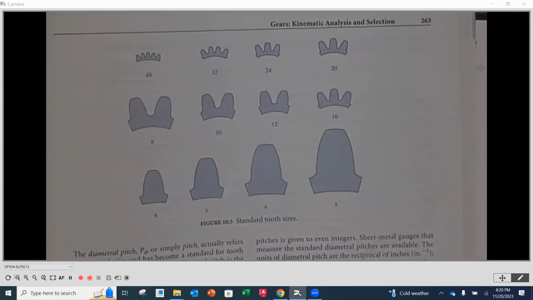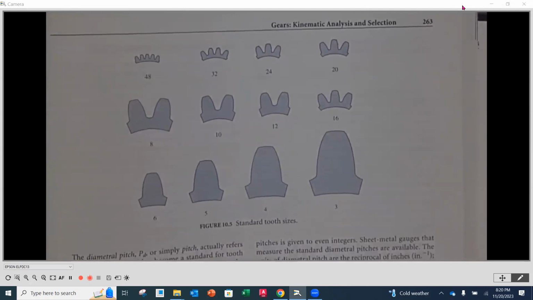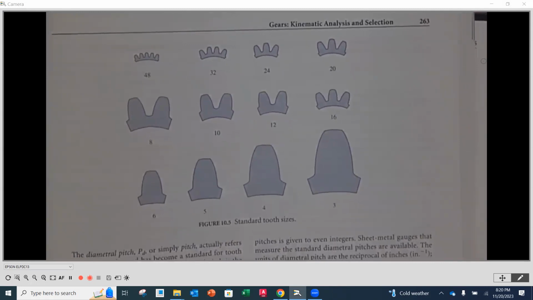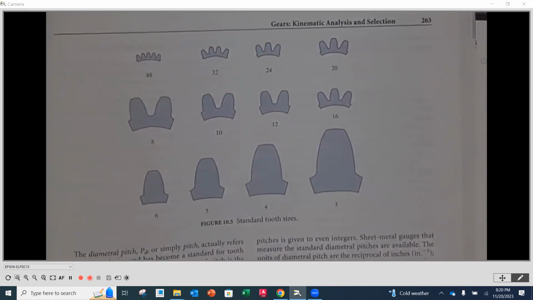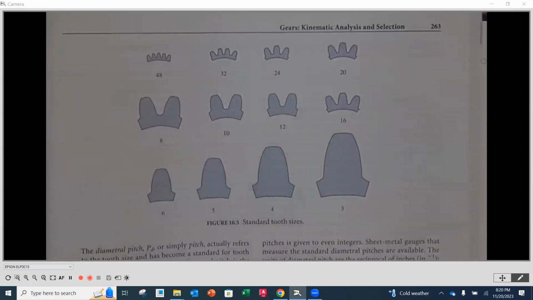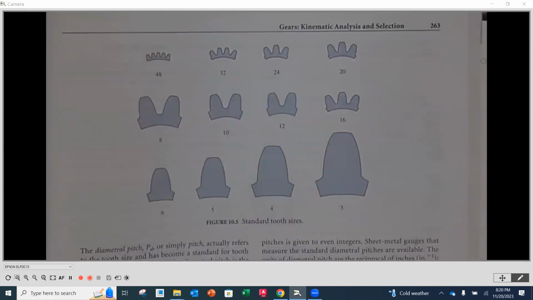I will track down some gears and see if I can find some that are a better representation. Comparatively, I don't think they're terribly far off, but I don't think we can say definitively that I could measure that and know that it was to scale.